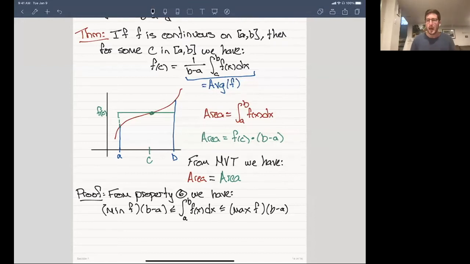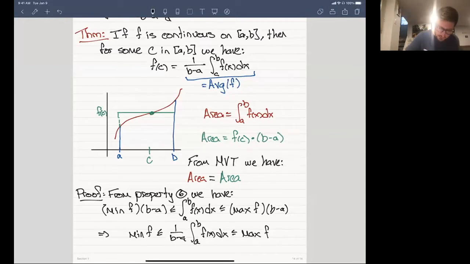Now I'm going to divide through all three terms by b minus a, assuming b is larger than a so that b minus a is positive. So the minimum of f is less than or equal to the average of f, which is less than or equal to the maximum of f.